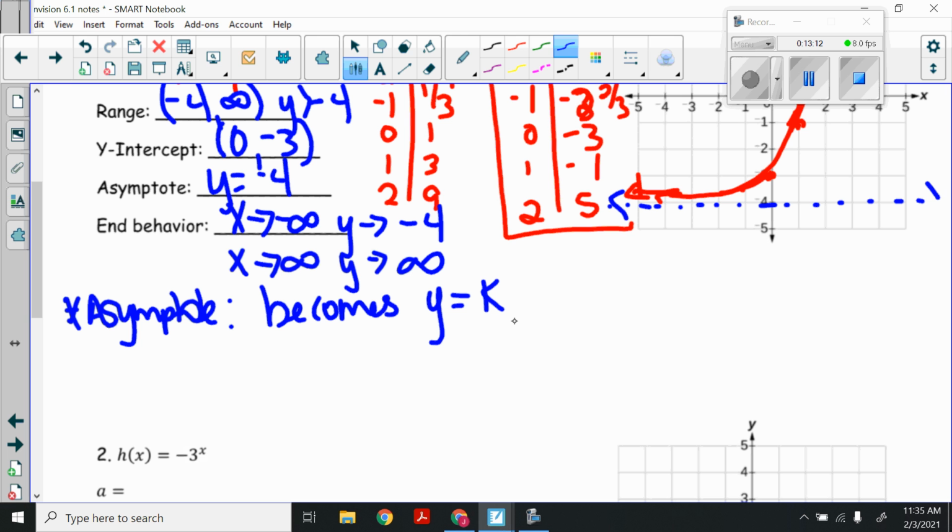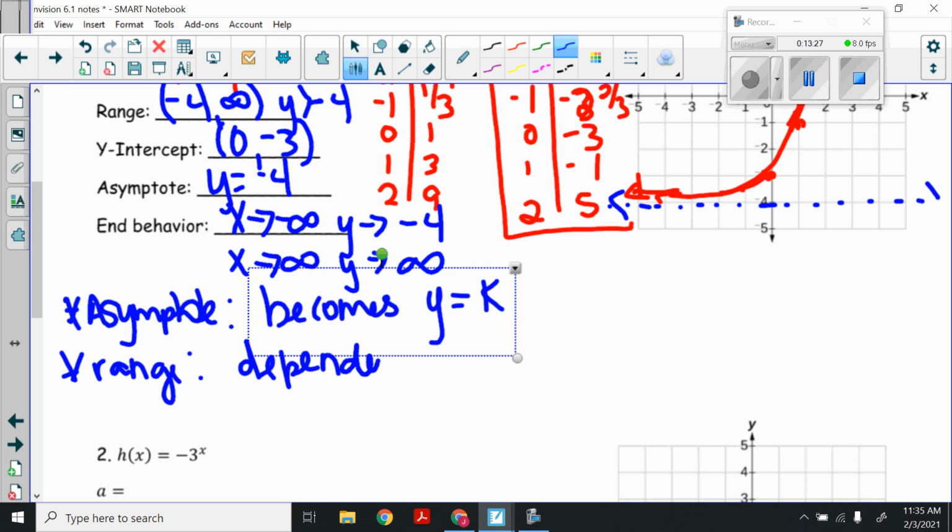If I don't have anything being added or subtracted, my asymptote is 0. If I have something being added or subtracted, that becomes my asymptote. But notice that our asymptote also affects our range. So our range is dependent on k as well, which makes sense because k is our vertical shift, right?